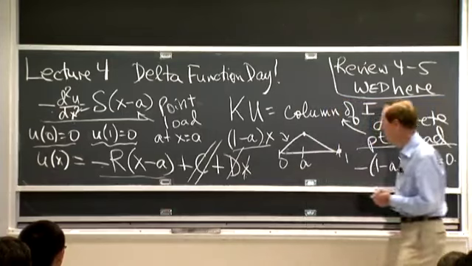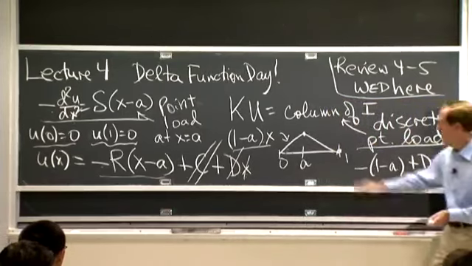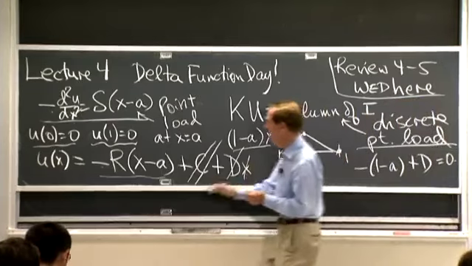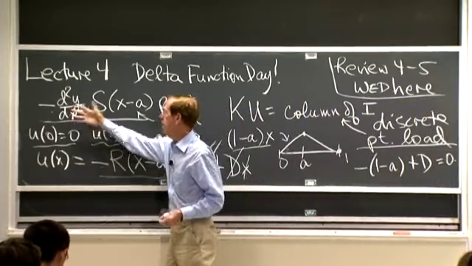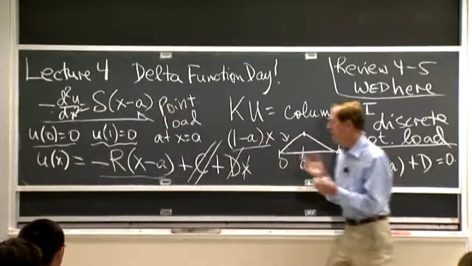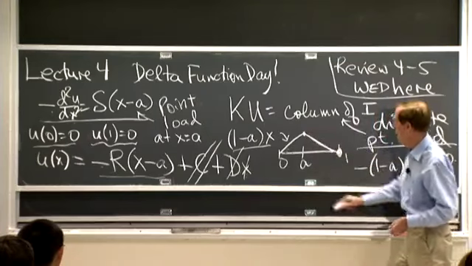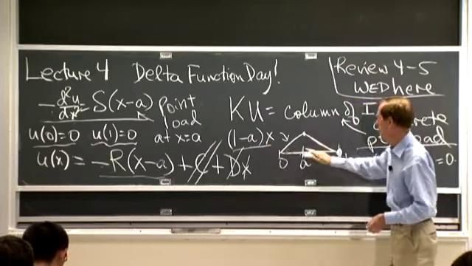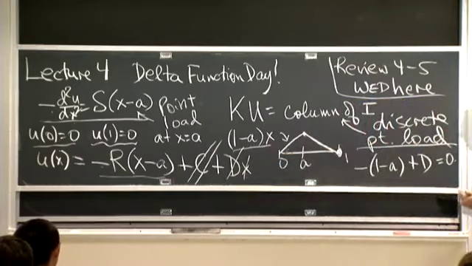Why? How do I know it's linear here? Because one way is to say the equation in that region is second derivative equals 0. Second derivative equals 0, straight line. This is my solution. It's 1 minus a times x here, and it's whatever it is to get back to 0. What will it take to get back to 0?